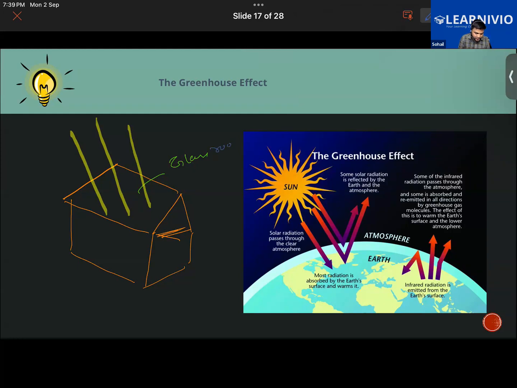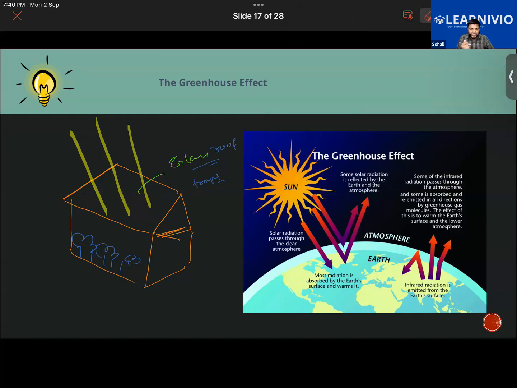The glass roof traps the heat from the sun's rays and thereby warms up the inside of the greenhouse. It warms up the air inside the greenhouse so the plants can grow even if it is winter. So that is the concept of a greenhouse.